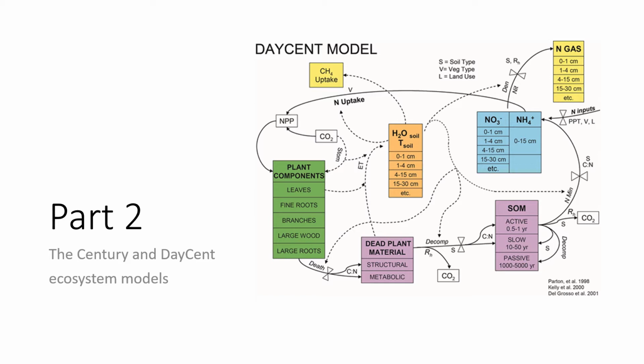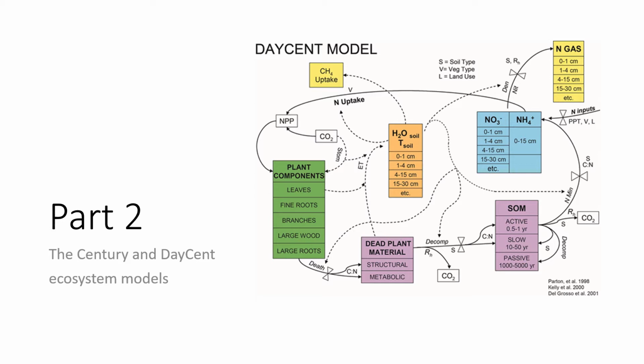And in this particular diagram, the solid arrows are fluxes from one pool to the next, whereas the dotted arrows or the dotted lines are meant to communicate some sort of dependence on another pool.